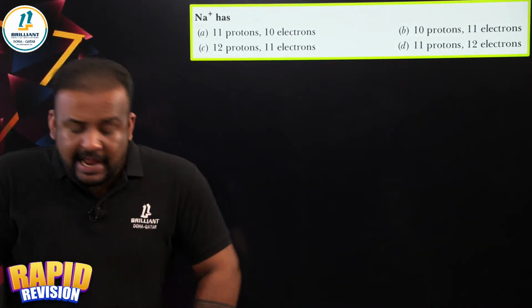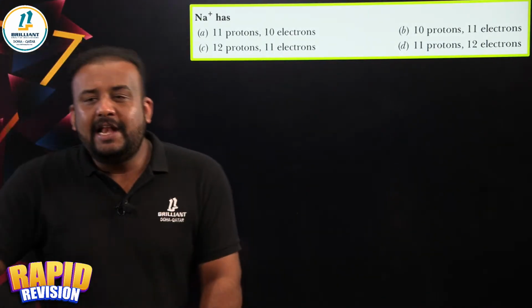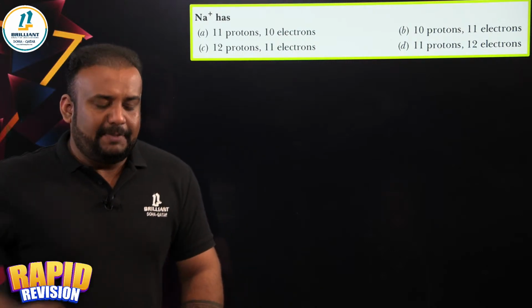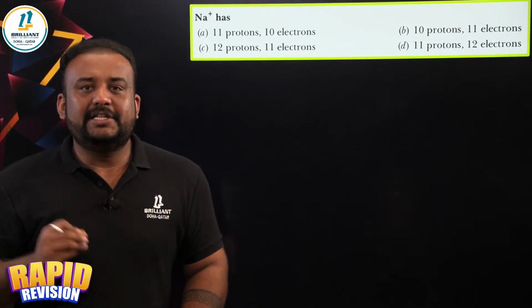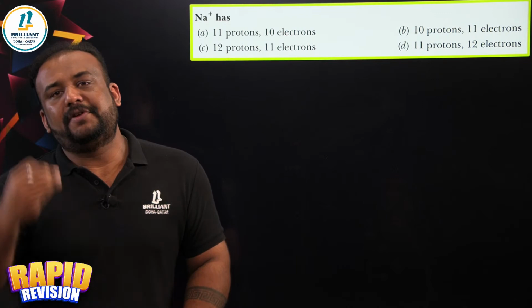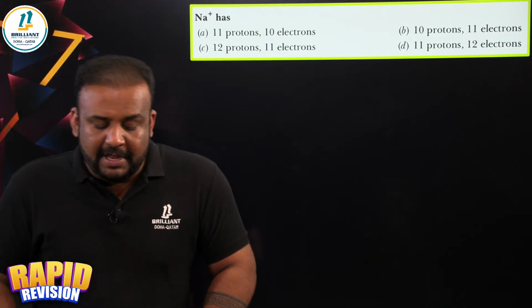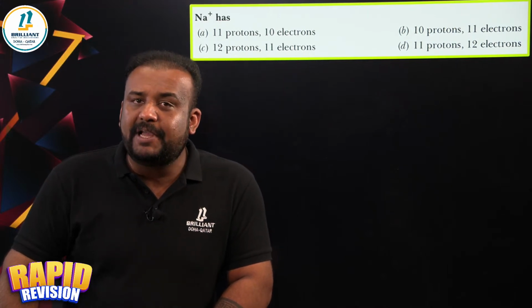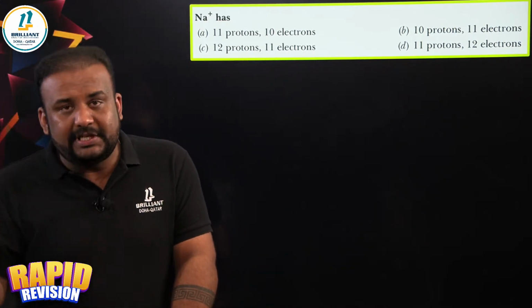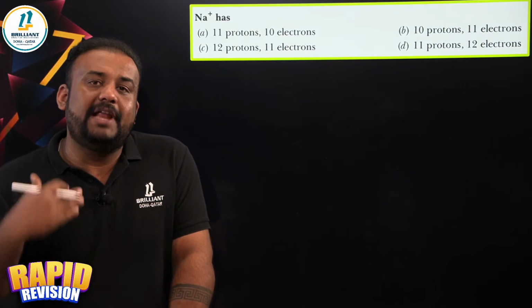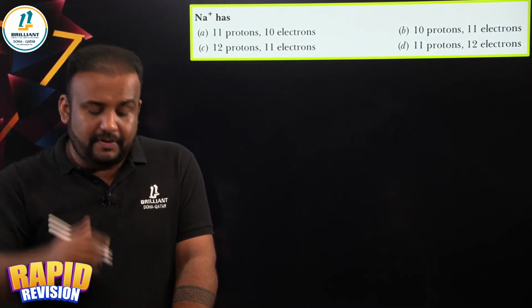Next question. Na plus has. See, why I specifically picked this question is to make you understand the difference between metals and non-metals, and also writing the electronic configuration of them. A species becomes positive in charge when it loses electron, and negative in charge when it gains electron, right?